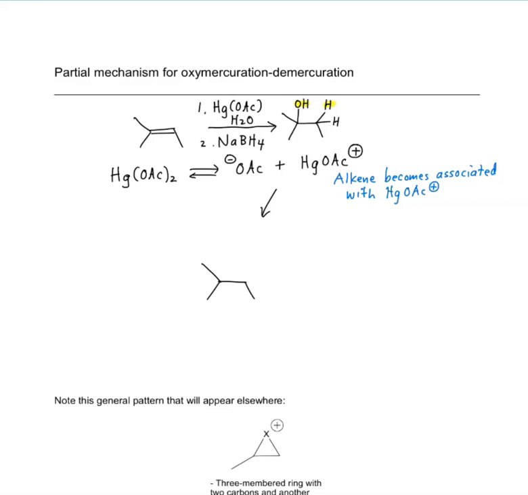When that happens, you're going to get the following. So here's the carbon skeleton of the alkene that we started with. The alkene pi electrons have become associated with the mercury, which still has an acetate group attached to it, and has a positive charge. This intermediate is called a mercurinium ion.